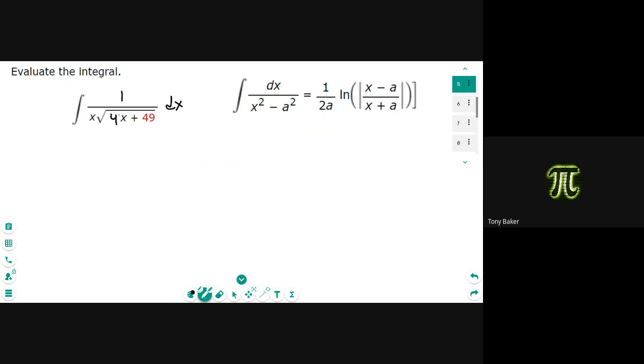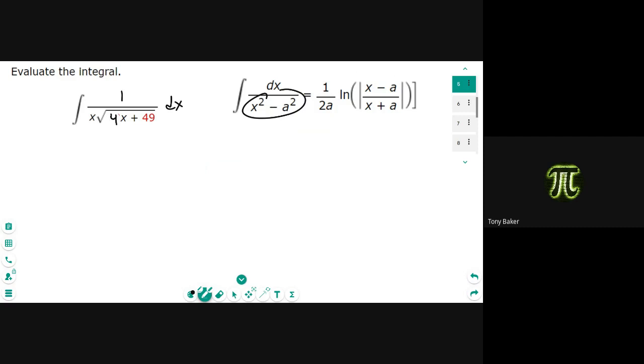And so what about the x that we have there? The problem is this is not in that form. So we have to do some algebra work to get it into that format. I need an x squared minus an a squared on the bottom, which I don't currently have.